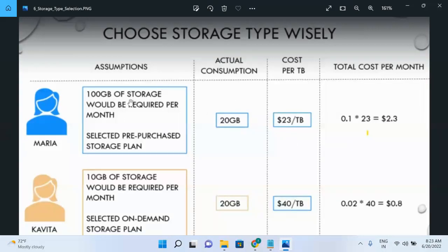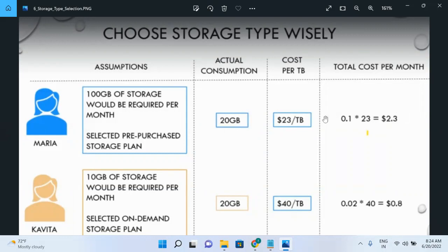But when it comes to the month end, they observe that the actual consumption is 20 GB only. 20 GB is their actual consumption, but how much did they pay? They paid for 100 GB.